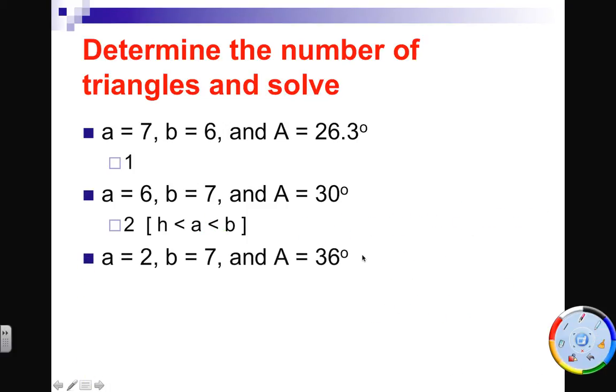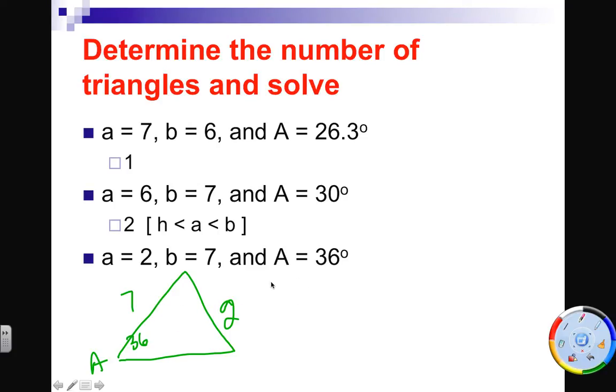All right, what's the next one? a is 2, b is 7, A is 36 degrees. So coming up here, A is 36, little a is 2, little b is 7. Let's figure this out. Is a bigger than b? Nope. Is a less than b? Yeah, but that doesn't really help me.